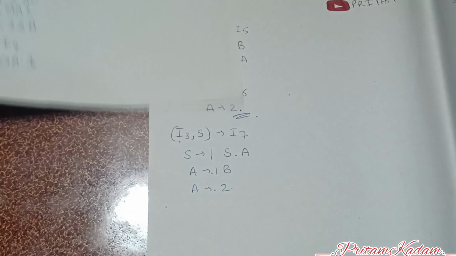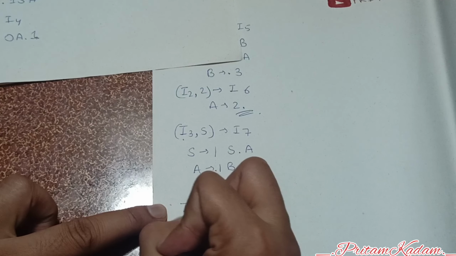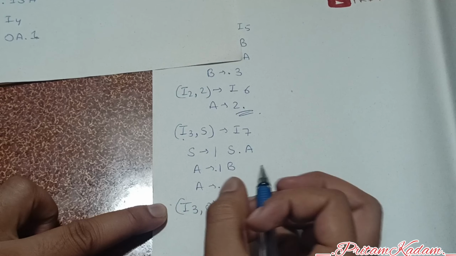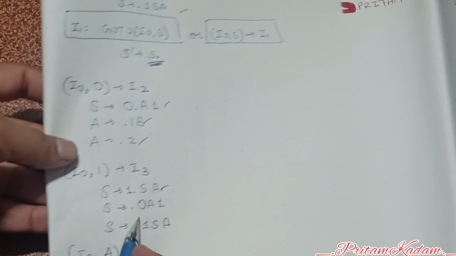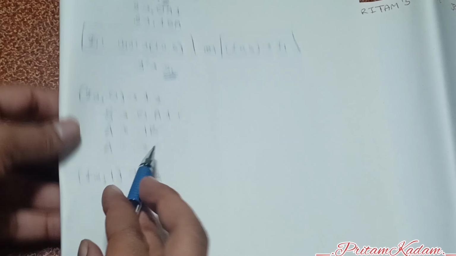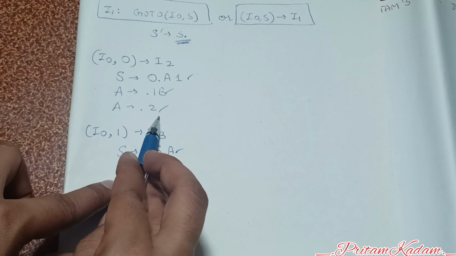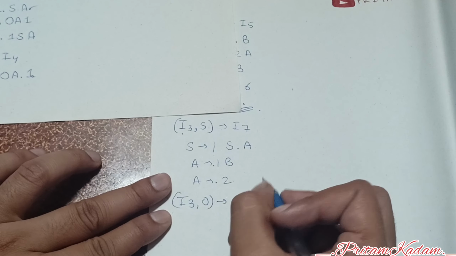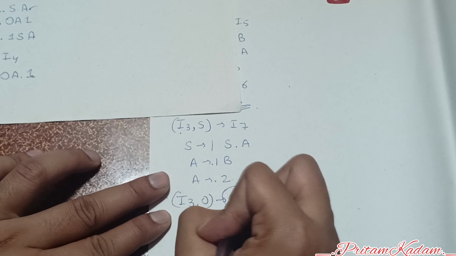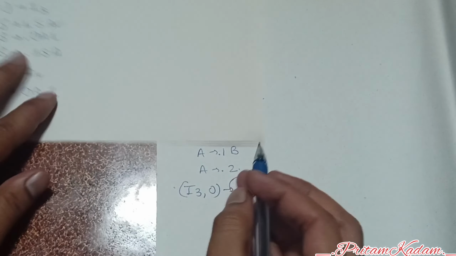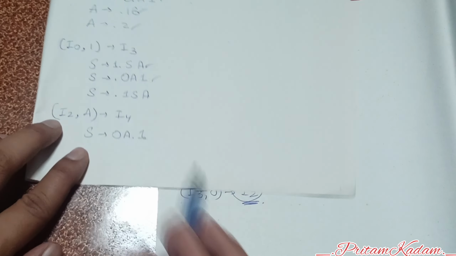Now we will proceed to the next one, that is S gives 0A1. On passing 0 in I3, we would get a new state with 0 dot A1, but we have already completed it in the I2 state. So I can write I3 on 0 goes to the I2 state only. We don't have to write the productions again and again. So we have completed that one.